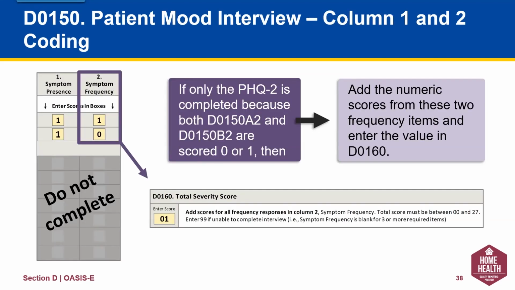Hopefully this illustration will help in understanding this concept of when only the first 2 items are scored with a 1 or a 0 for symptom frequency. Again, in this case, you would not complete the remaining 7 questions. You would add the numeric scores from these 2 frequency items and enter that value in D0160.